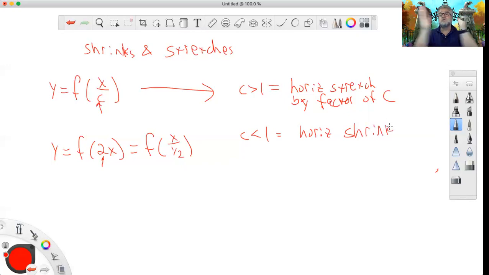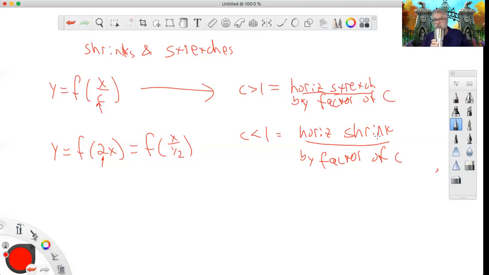Take the function, I'm going to squeeze it and make it skinnier by a factor of c. So the important words are horizontal stretch or horizontal shrink, or you could say horizontal compression. That'd be equivalent. You can do either one.